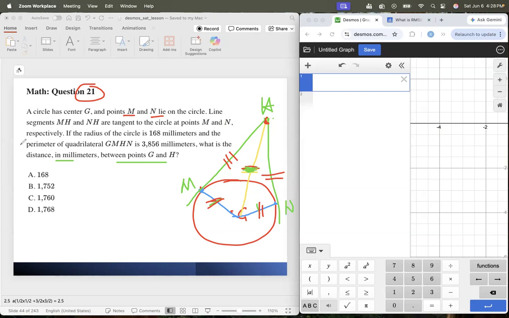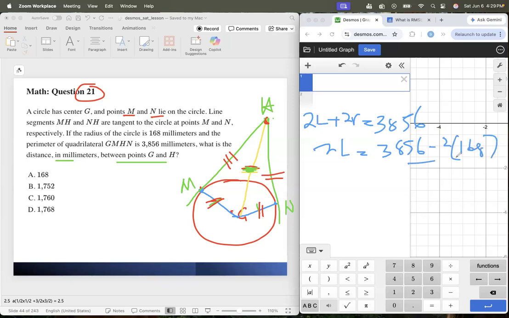That's the distance they want us to calculate. But we don't know this distance, HN or HM, but we know they're congruent, therefore 2L, that's what I'm going to say, plus 2 times the radius should be equal to the perimeter, 3856. The 2L is equal to 3856 minus 2 times 168, that's the radius, all divided by 2.